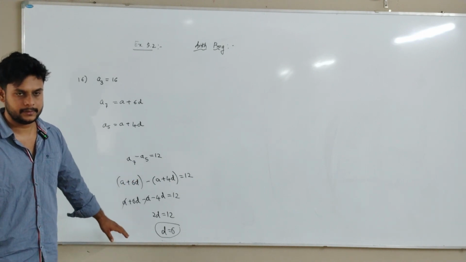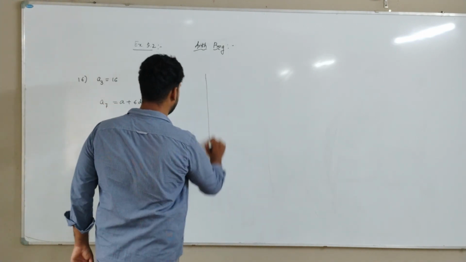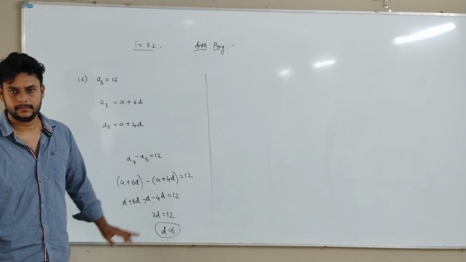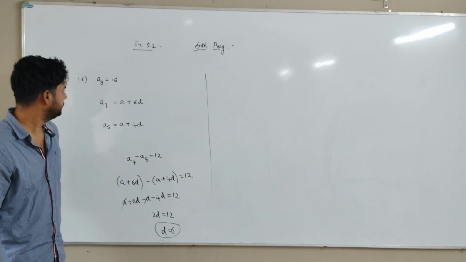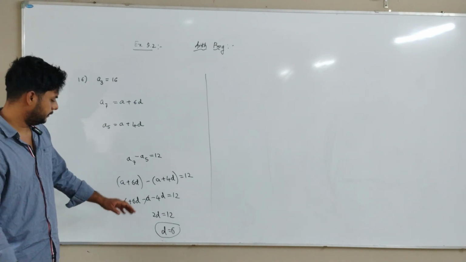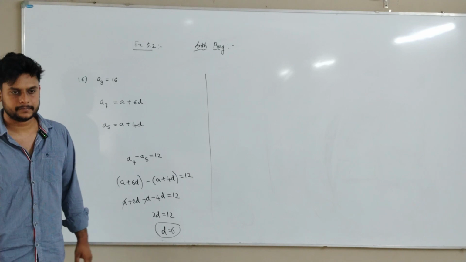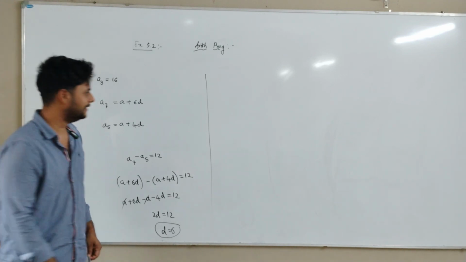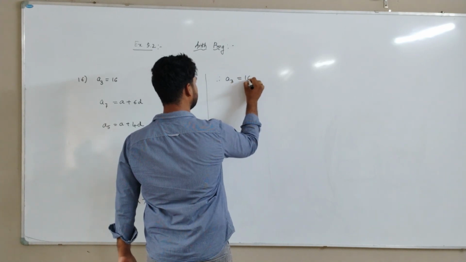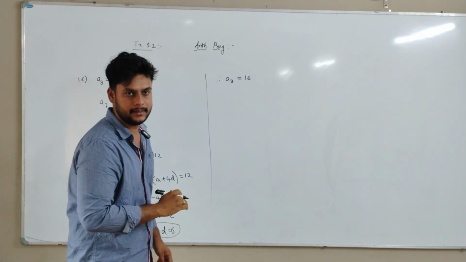Same type of sum. After getting D, now I should find A. How to find A? Any idea? New idea. How to find A now? Where I should put D to find A? A3 is given here. A3 is 16. A3 means what?